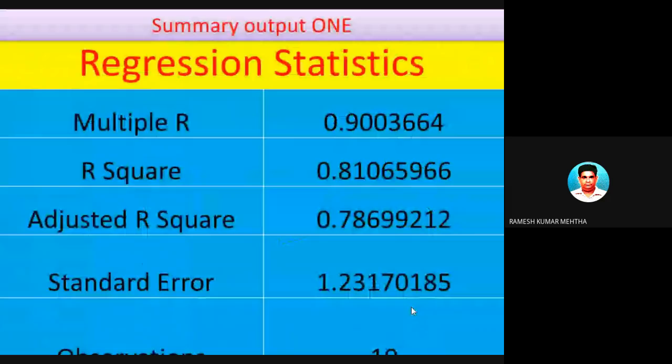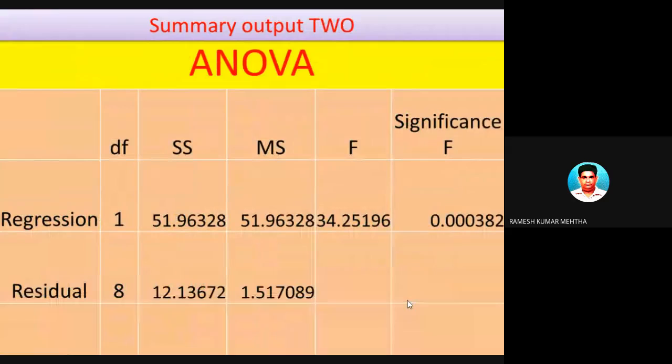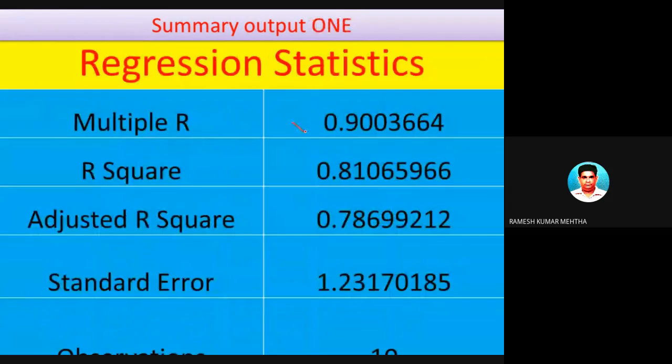Now you will get an output like this, multiple r square, so on and so forth. I am going to explain all this, don't worry how you got it. And you will get an ANOVA table like this, and you have to understand from where you got this ANOVA table. I am giving you the explanation for all of this: how you got this multiple r square, adjusted r square, standard error.